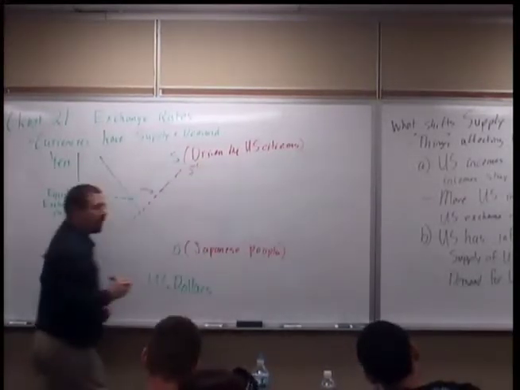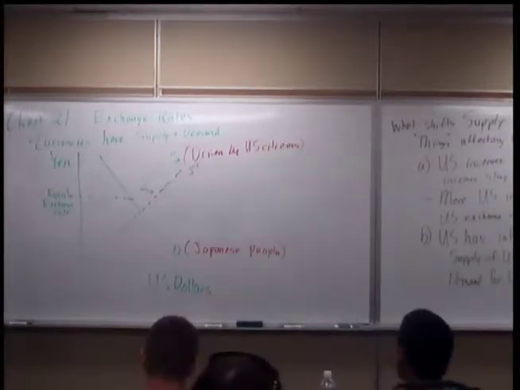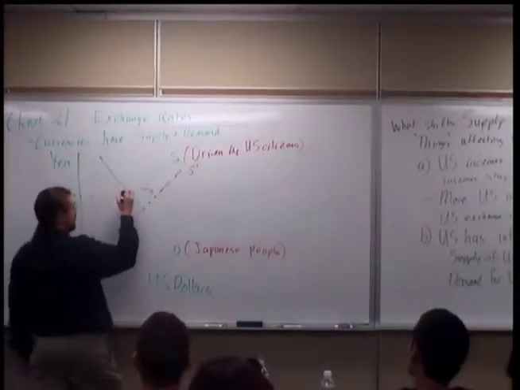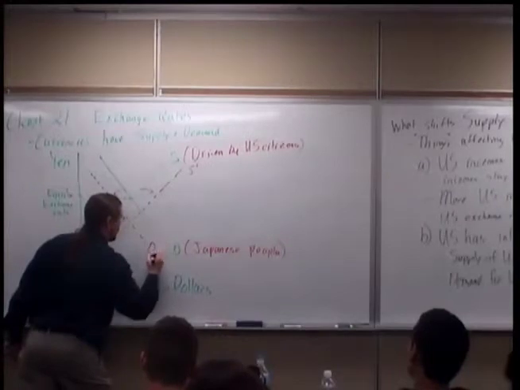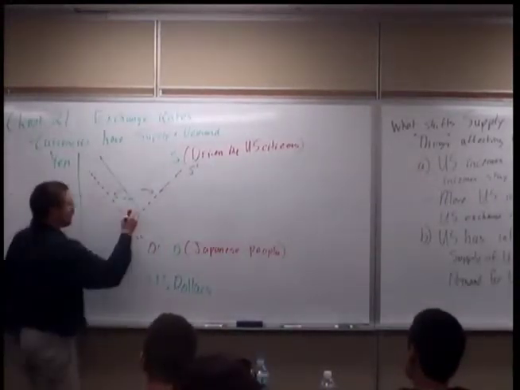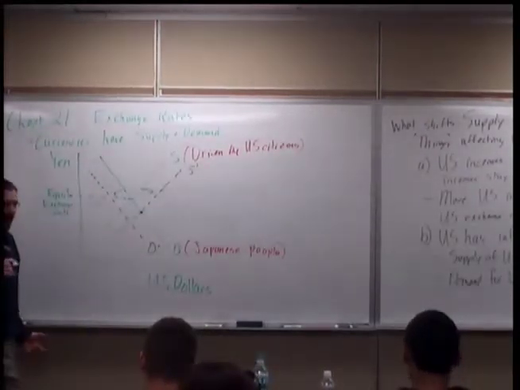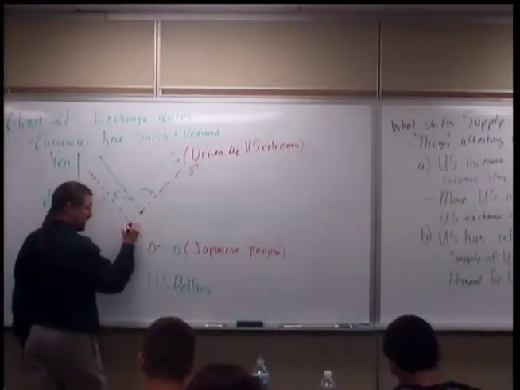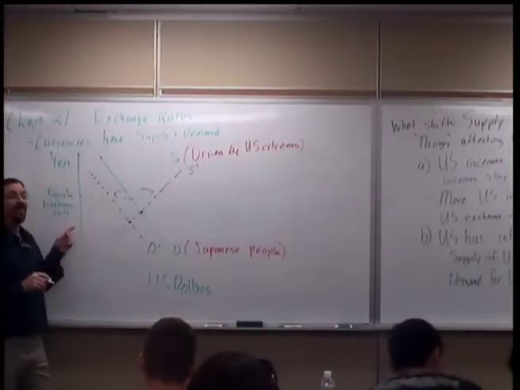Here's our new supply curve. And what happened to demand? It fell. It shifts to the left. Here's our new demand curve. So when supply grew, what happened to the exchange rate? It went down. What happens when demand falls? It falls even further. This is what's known as the double whammy.